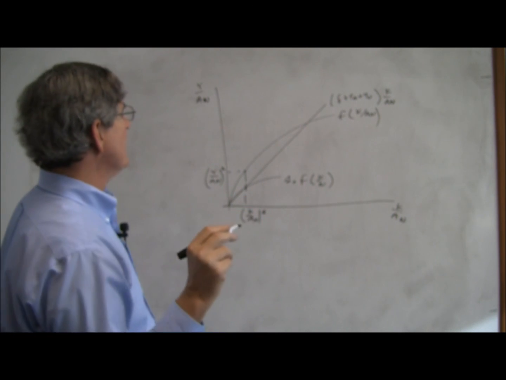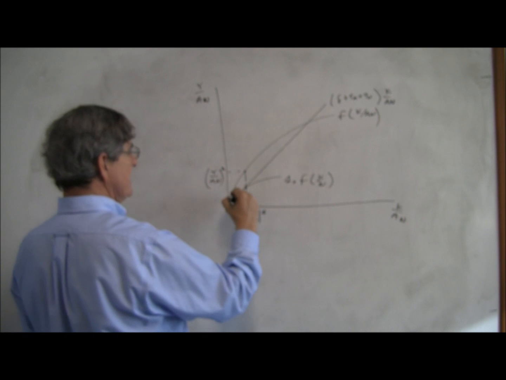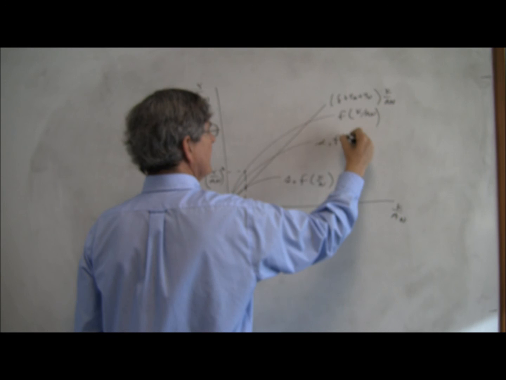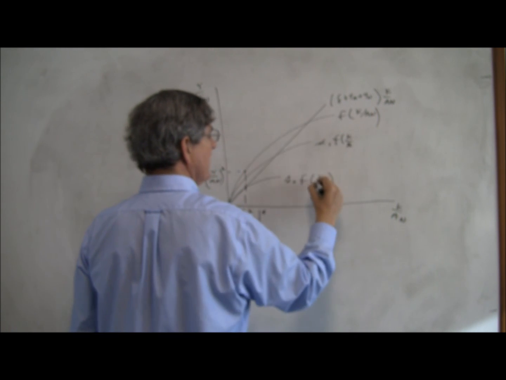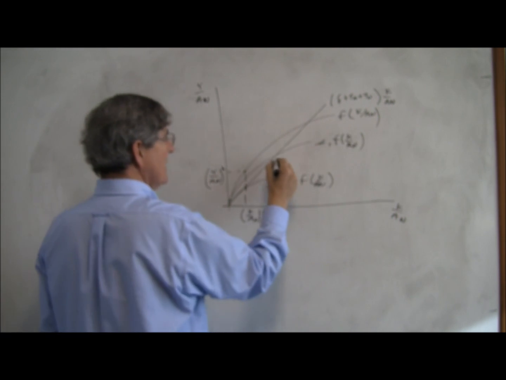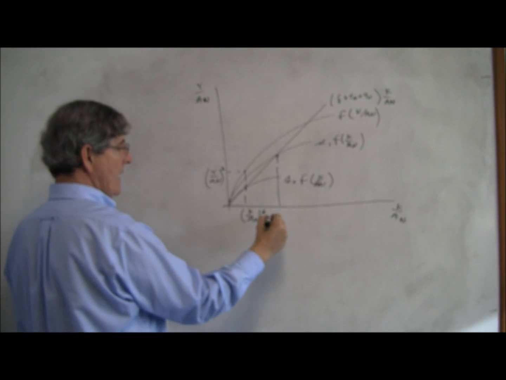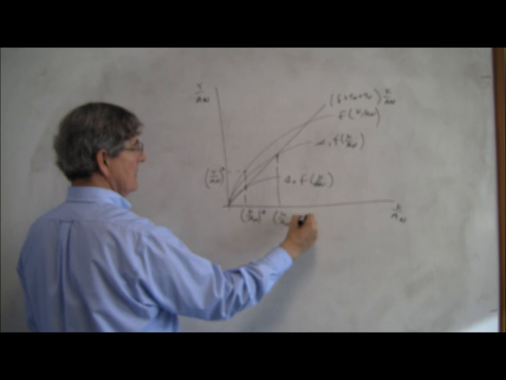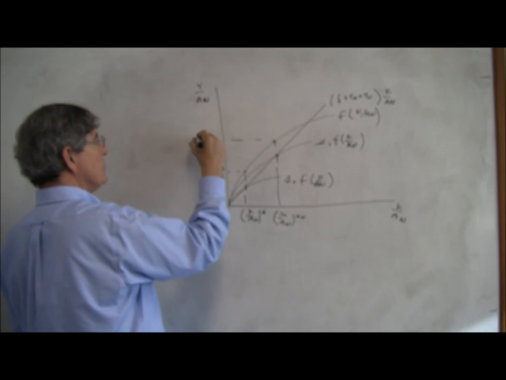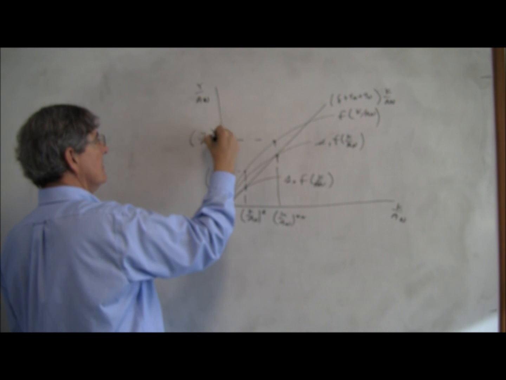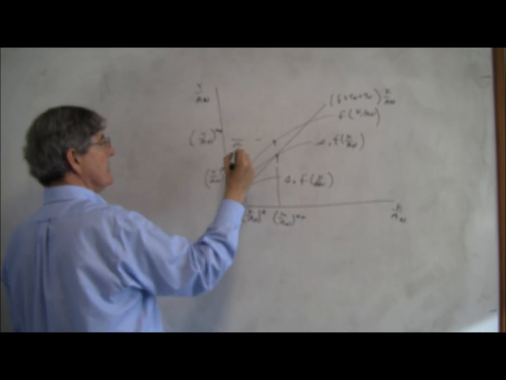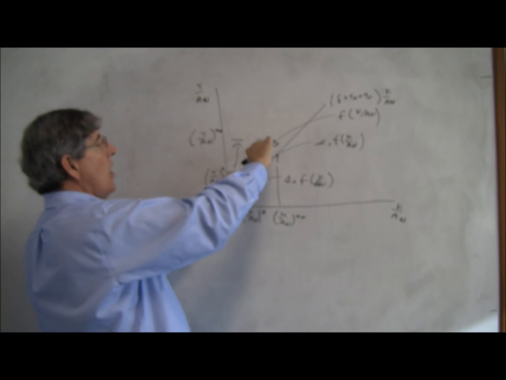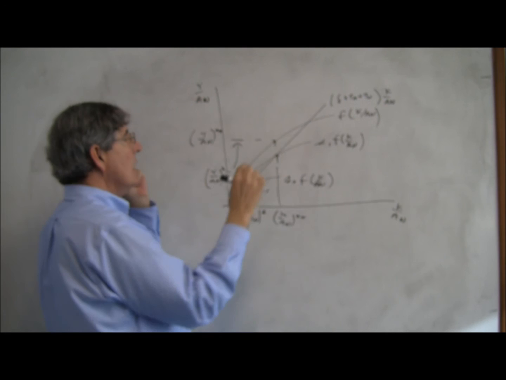One way to grow in the short run is to increase s. So this is s1 F of K over AN. We're going to get growth in Y over AN in the short run as we move to this new higher steady state. So we'll have a growth spurt. One way to grow is to move along the production function.